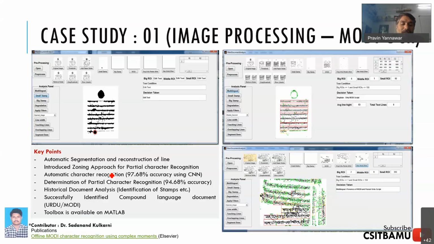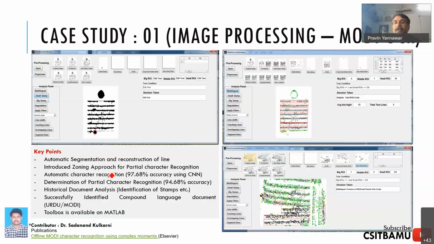We have gone for that analysis also. We have successfully identified a compound language document of Urdu and Modi. That is done, and the toolbox is also available on MATLAB Central.